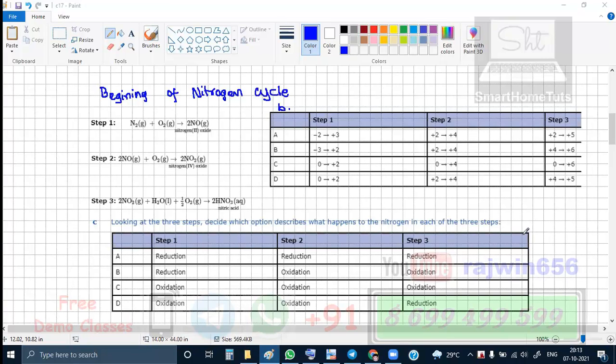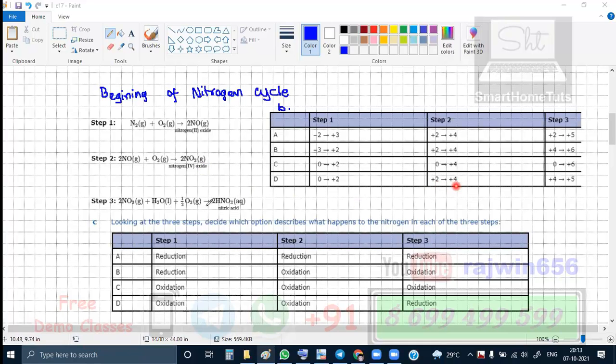For this, you can see N2 here, the oxidation number is 0. That is becoming +2 in NO. And then +2 is becoming +4. So this is what is happening here.